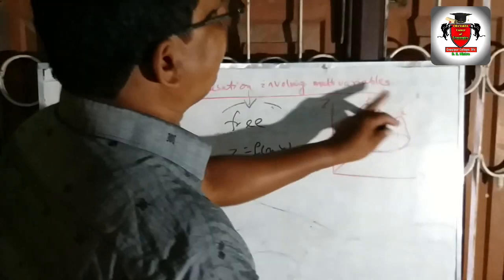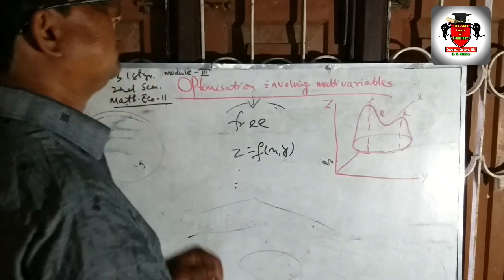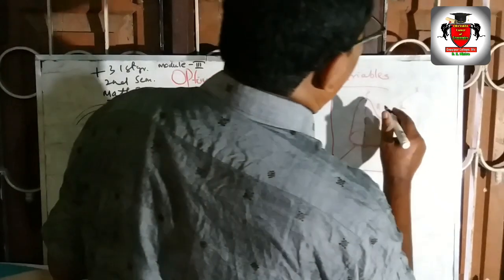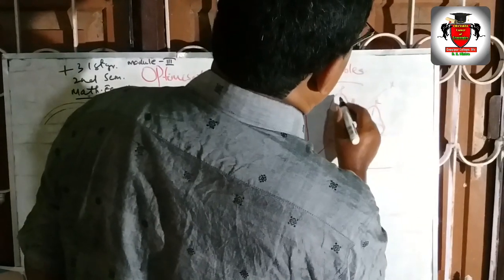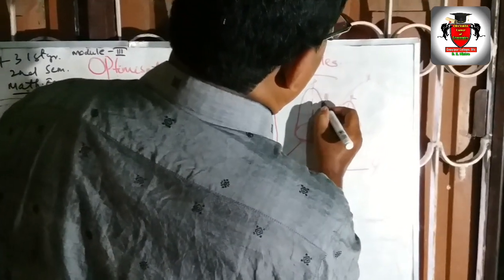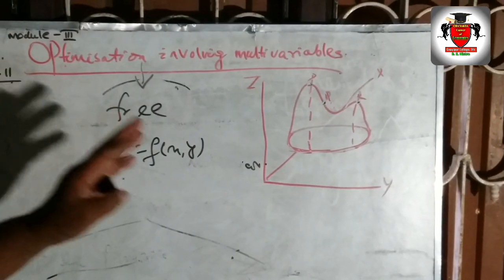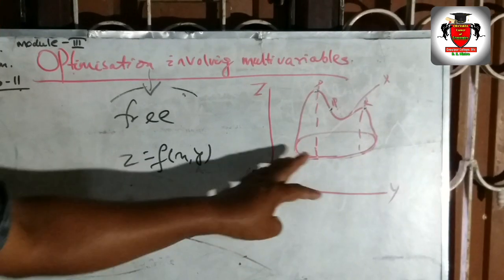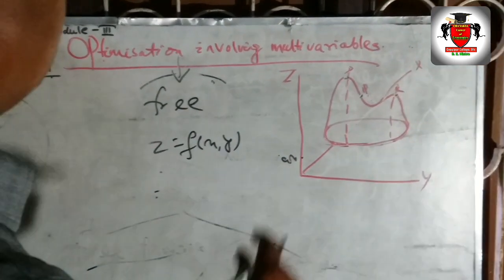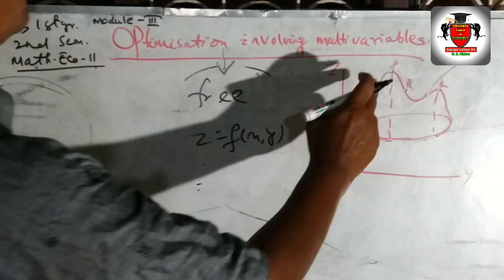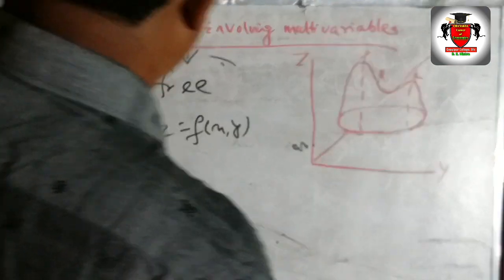This is a 3D, three-dimensional diagram. We find that the point given here is P, another point is here Q, another point is here R. So this looks like a 3D picture now.